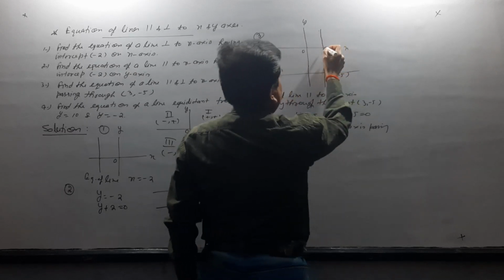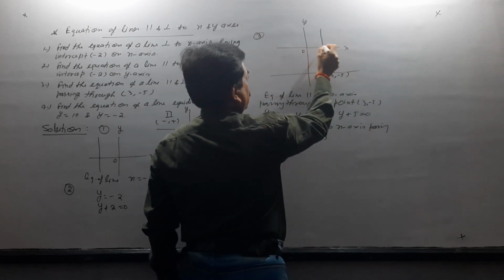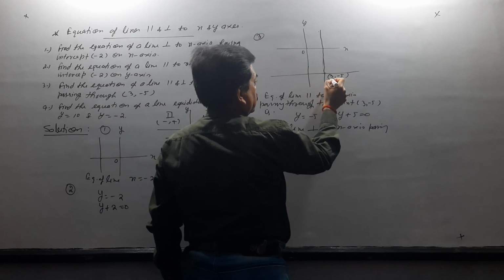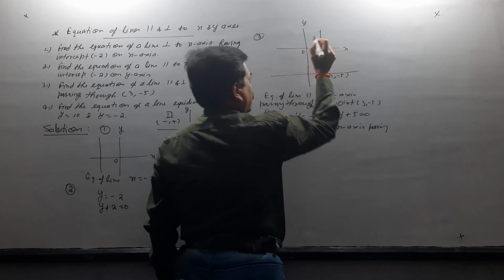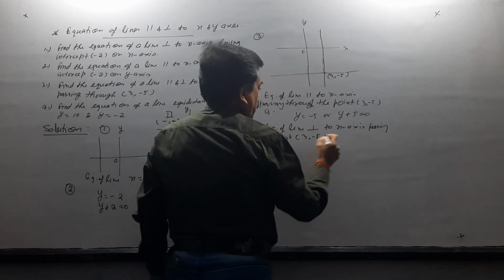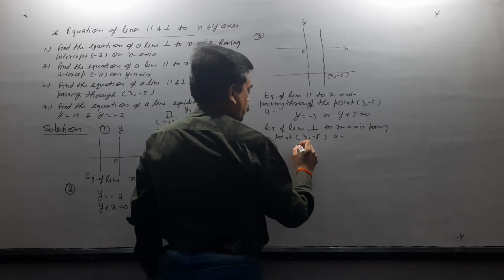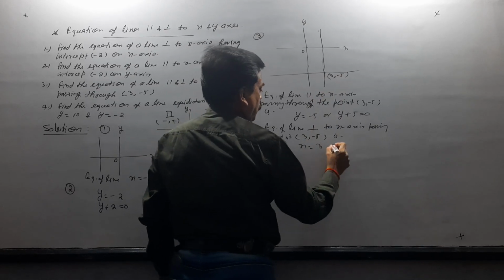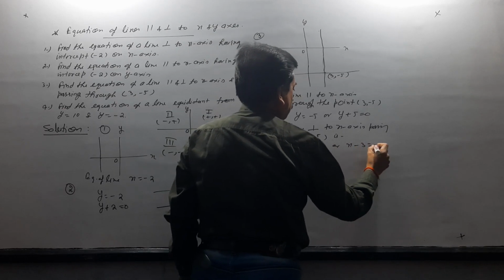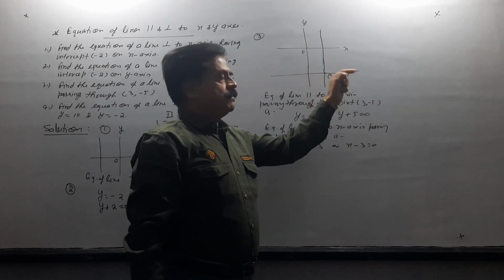So this line is intersecting x-axis at this point, and distance of this point from origin is 3. X is equal to 3 or x minus 3 equals to 0 is the equation of line perpendicular to x-axis and passing through this point.